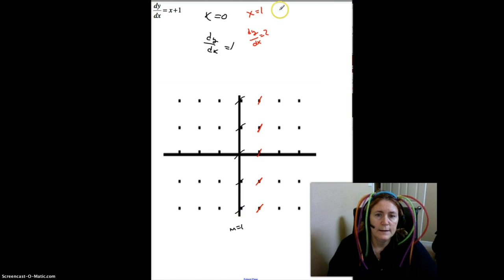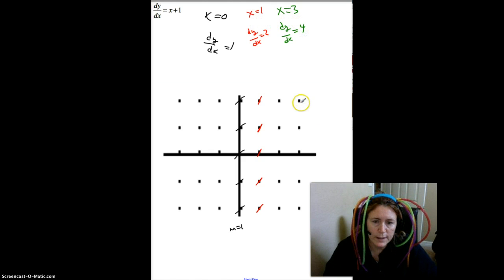You got the idea? At x equals 3, the slope is 4. Okay, so we're going to come over here, and this one's going to be really steep. You're just putting really short little tick marks. You're just getting a flavor for what the slope looks like.